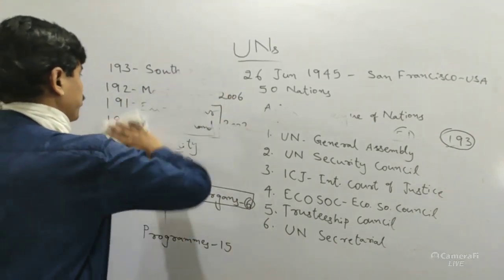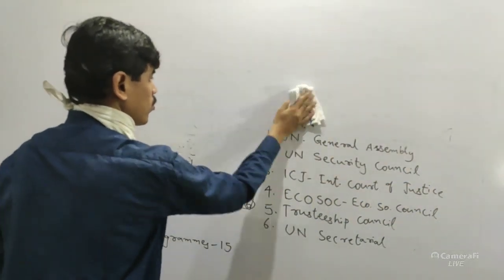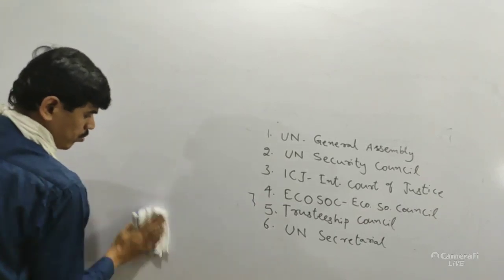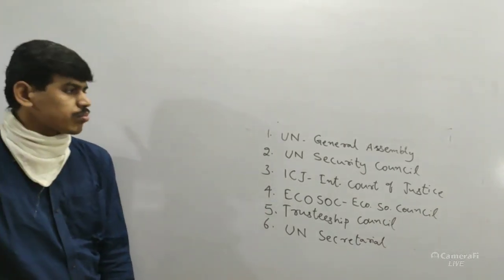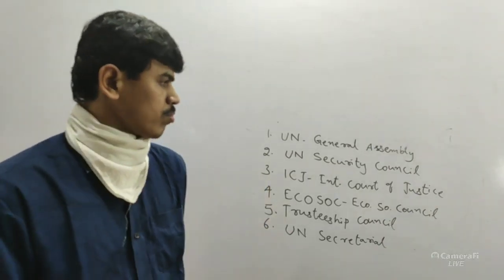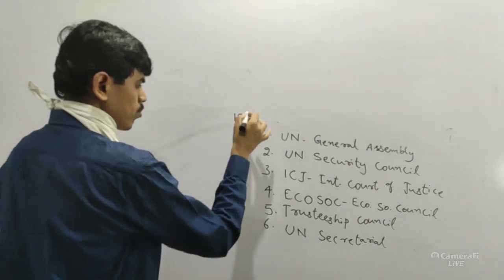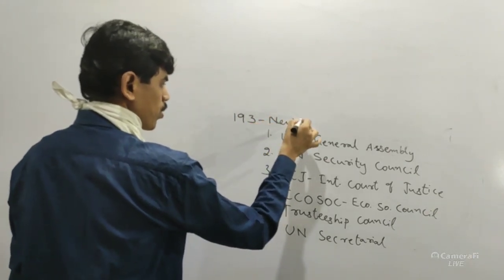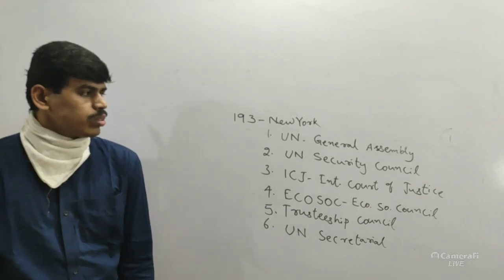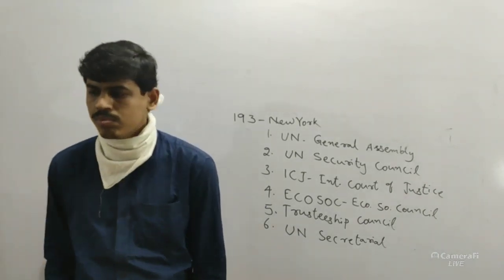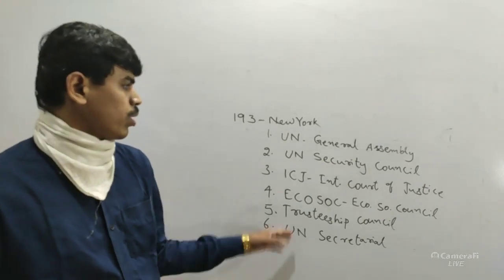First, the General Assembly. It is the largest organ of the United Nations. Total members 193. Head office New York. All members are also members of the General Assembly.